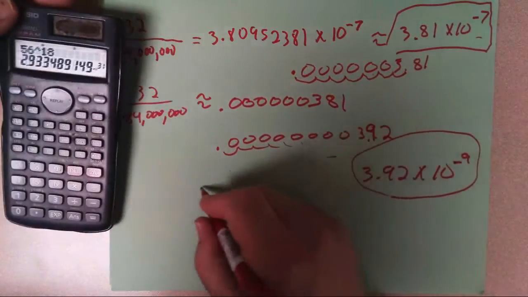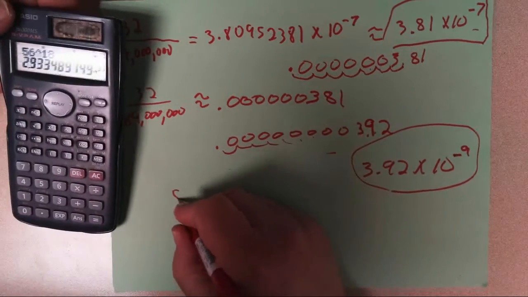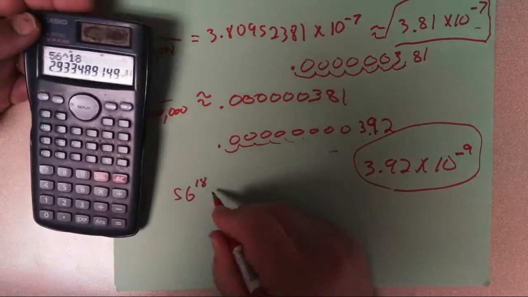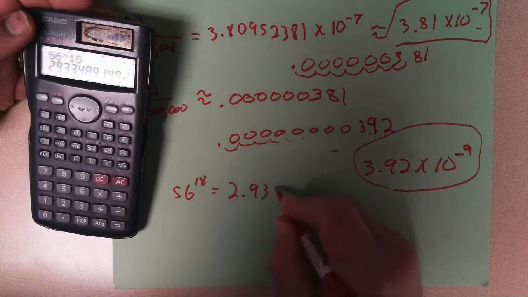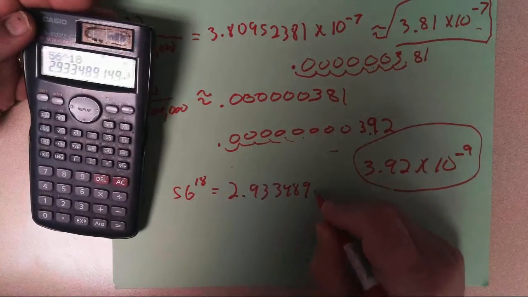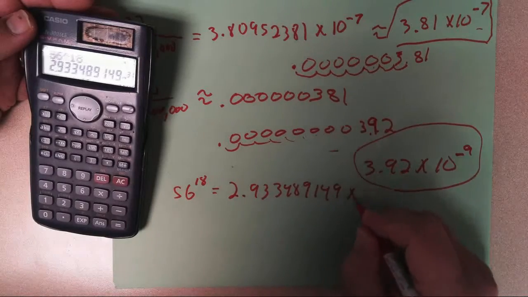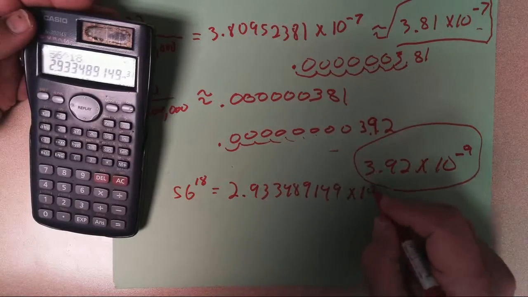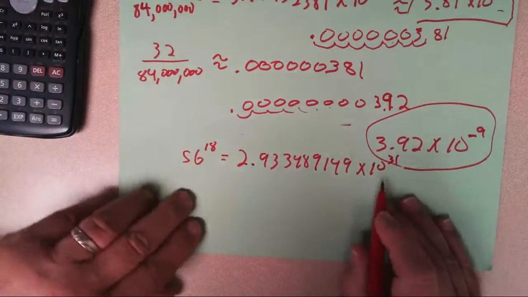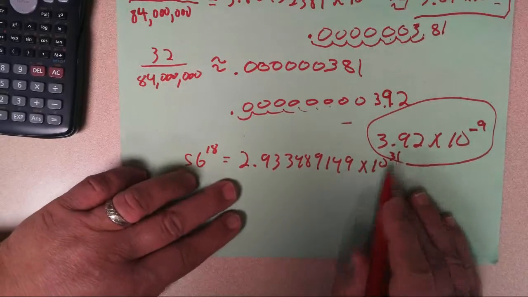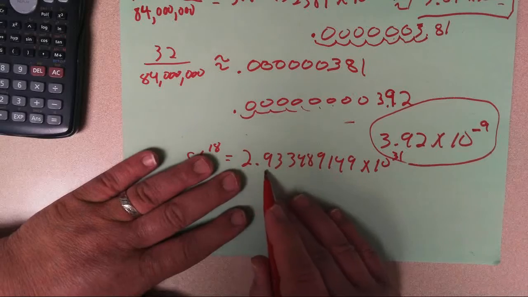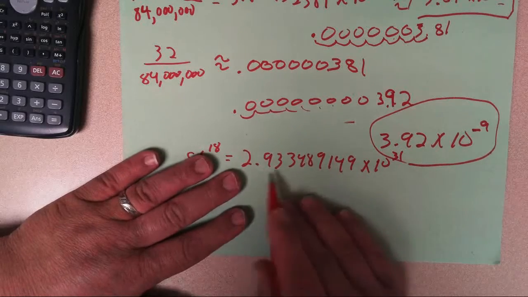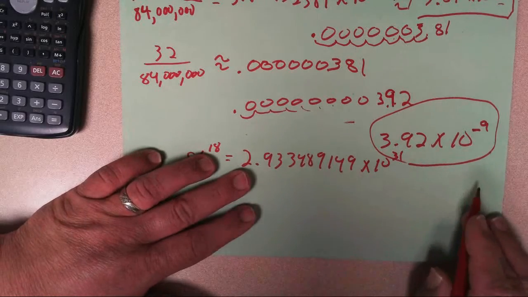And what this number is, so 56 to the 18th power, I have like 2.933489149 times 10 to the 31st power. So this is a positive 31, and so that means this is a really large number, and it means I got to move this decimal point over 31 places.